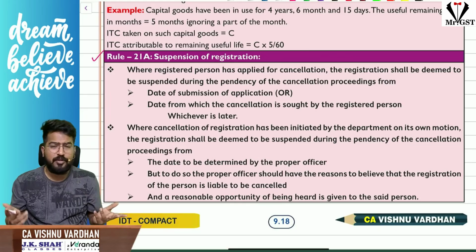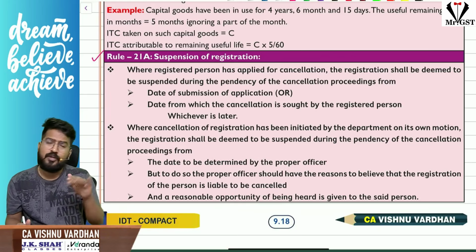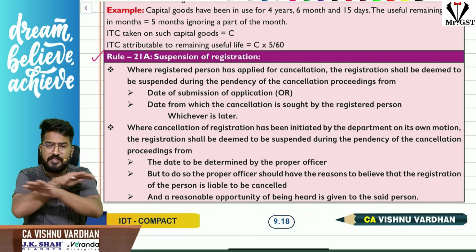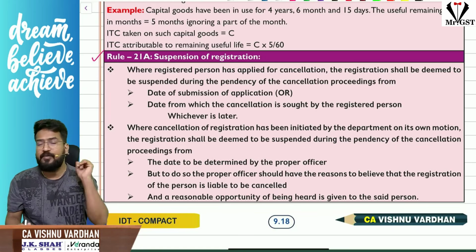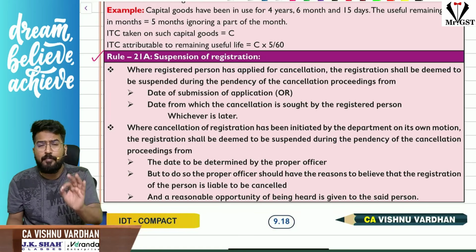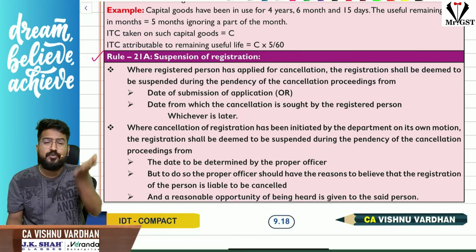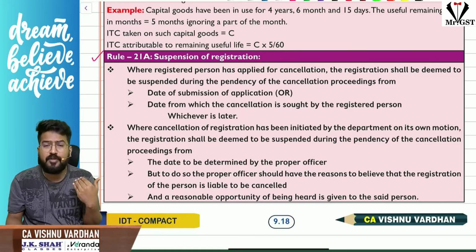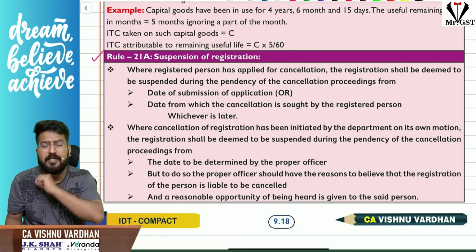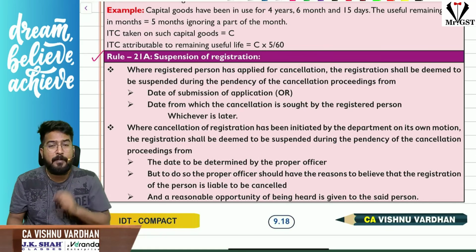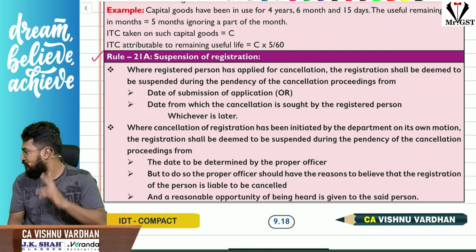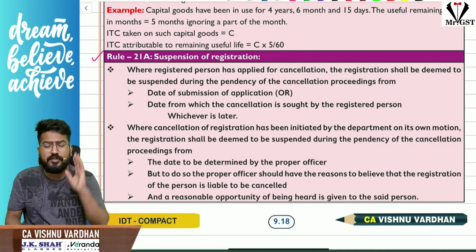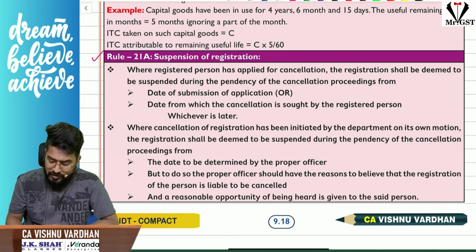So at any point of time, once cancellation proceedings are over, no matter whether the result is positive or negative, your suspension will be revoked. But one interesting point is, sir, the proper officer has the power to revoke your suspension even during the pendency of the cancellation proceedings. That is one interesting thing.